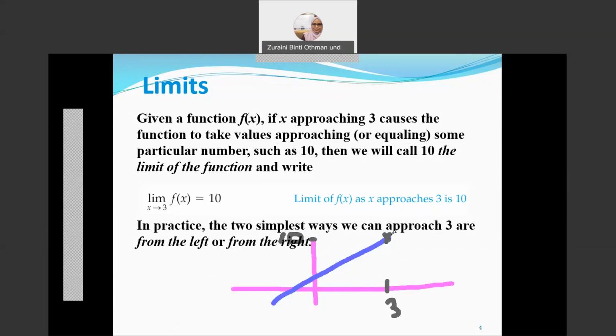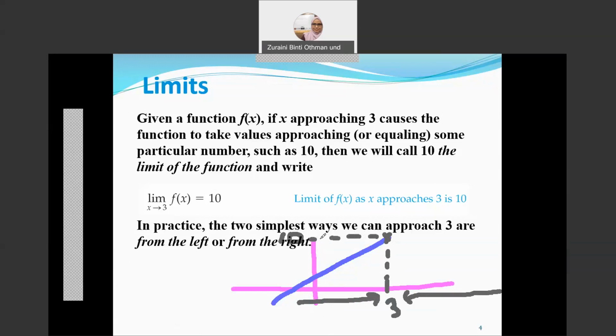So semakin x tu menghampiri 3, daripada sebelah kiri ke, sebelah kanan ke, tak kisahlah, nilai f(x) dia ialah 10. Macam tu lah, that's the limit. Maksudnya kita referring to the graph actually.